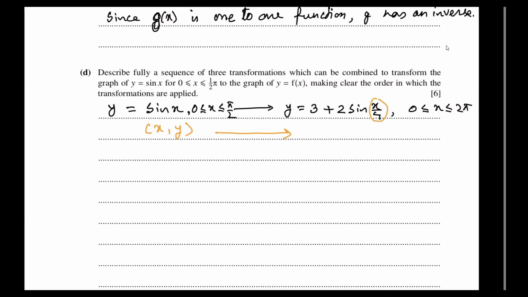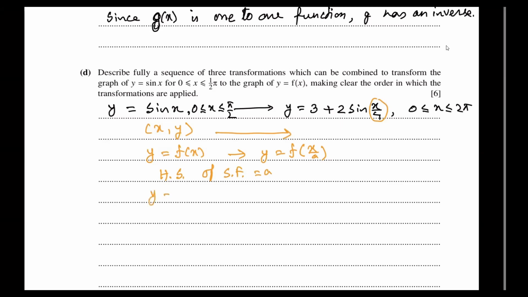Remember, a horizontal stretch of scale factor a will occur when we go from y equals f(x) to y equals f(x by a). Horizontal stretch means stretch along the x-axis.